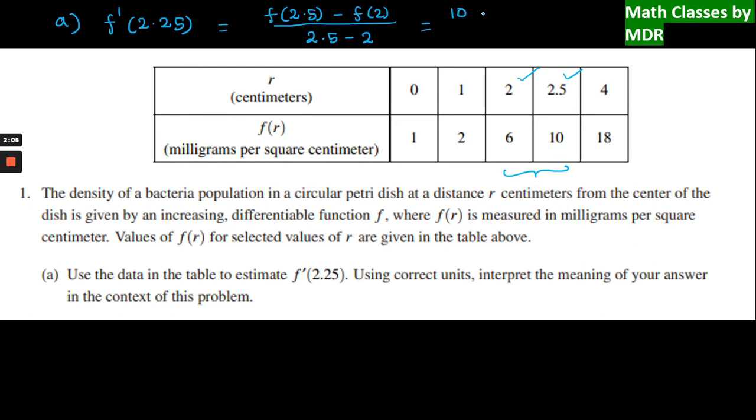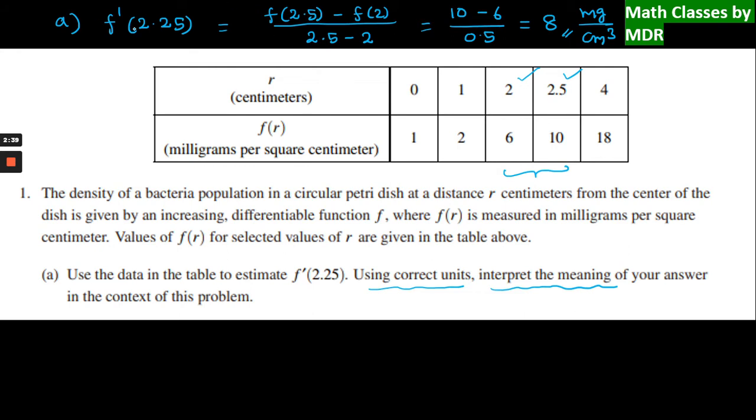It is 10, and f of 2 is 6, divided by 0.5, which is approximately equal to 8. Right? So we have 8 milligrams per centimeter cube. We have one more question: using correct units, so the unit is 8 milligrams per centimeter cube. Interpret the meaning of your answer in the context of this problem.